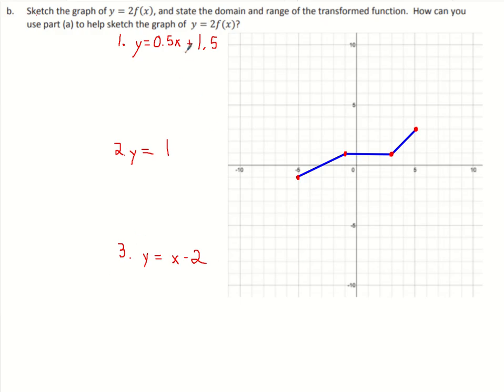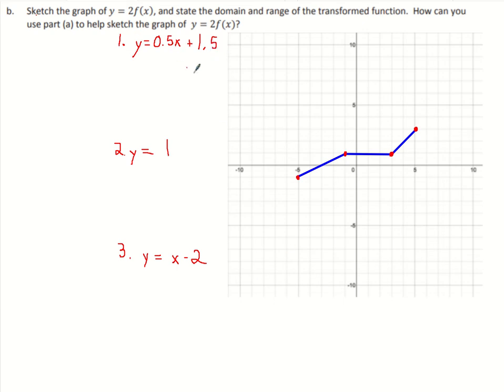Basically, we're going to take our equations, plug some points into them, and then take that point and multiply it by 2.